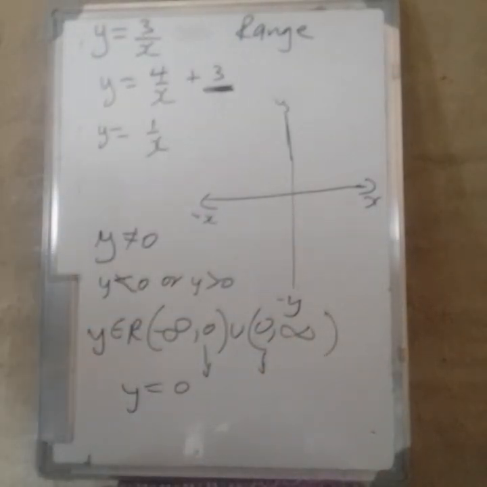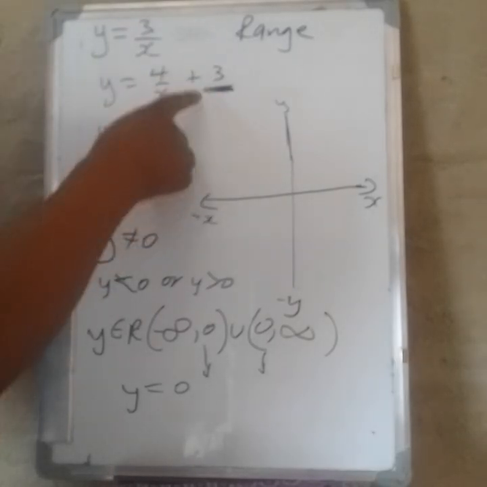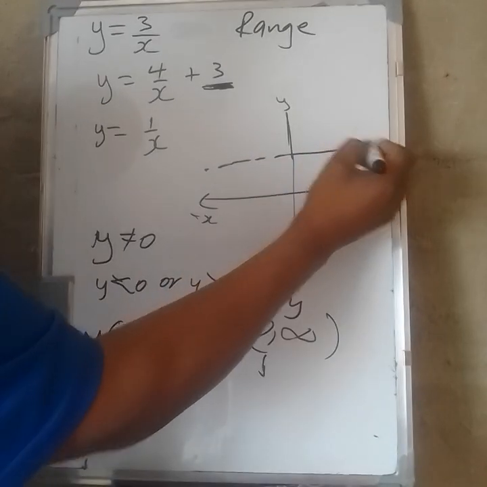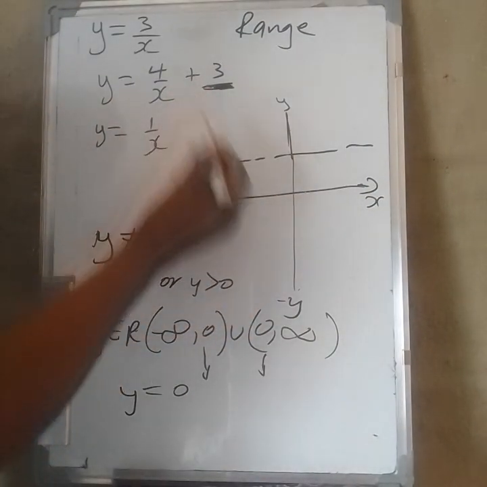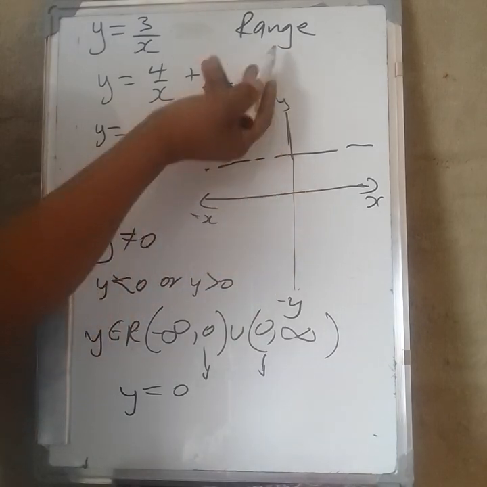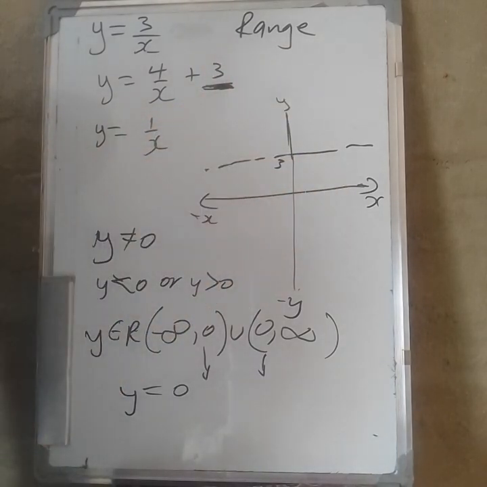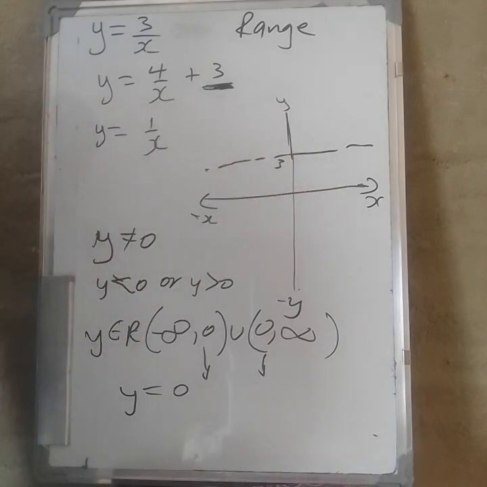Now, what if we've got this situation, right? Plus 3. What does it tell you now? It tells you that the graph is shifted upwards, right? So if it's shifted upwards, your range will come from this side, but once it arrives at 3, it stops because your y can't be 3.